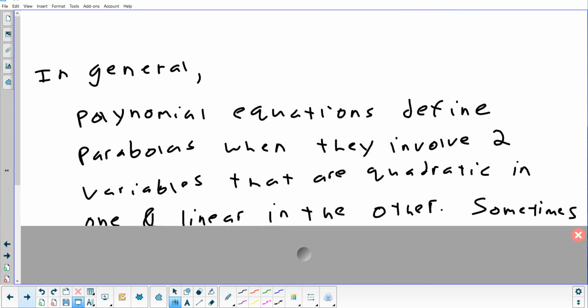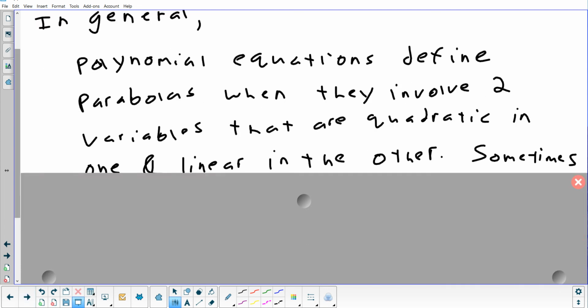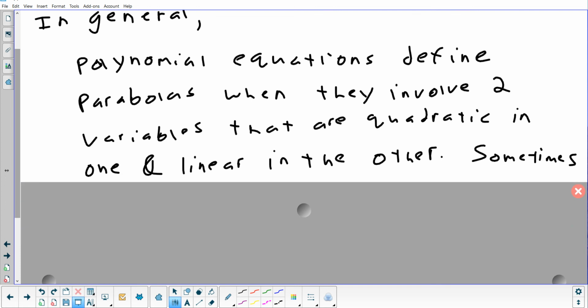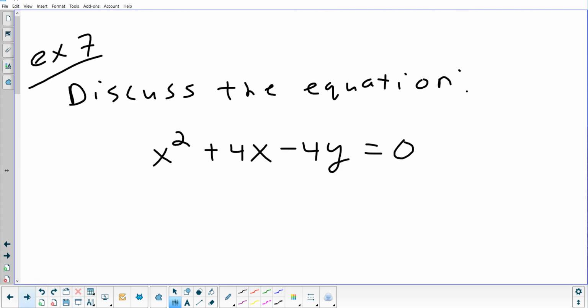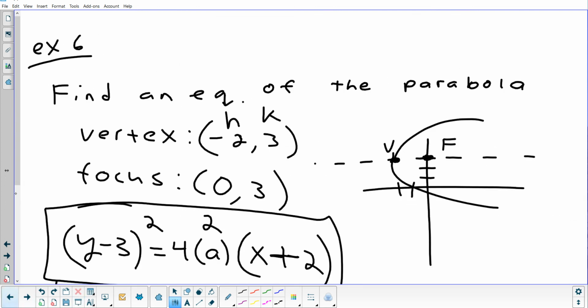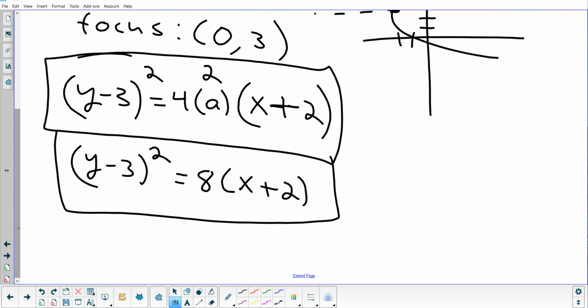So in general, I think I mentioned this already, parabolas, the equations always involve 2 variables. One of the variables is squared, and the other one is linear. Now, if I asked you to discuss this equation, especially when it's written as 4 times 2, you should be able to figure out how this equation was created, right?